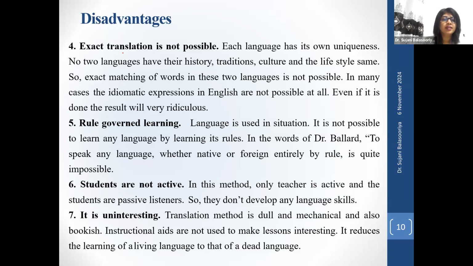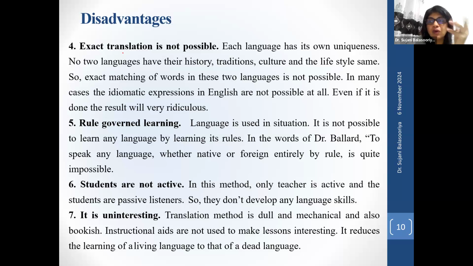Okay. And another disadvantage, rule governed learning. Language is used in situations, right? So it's not possible to learn any language by learning its rules. But in the grammar translation method, rule governed learning is there. No? The teacher is teaching the rules, telling you, okay, you have to use these rules. Remember these rules, learn these rules by heart, and use these rules when you translate from your mother tongue to the English language.